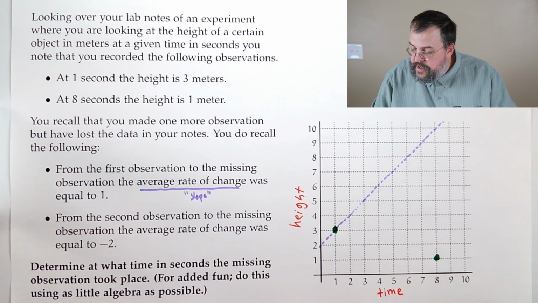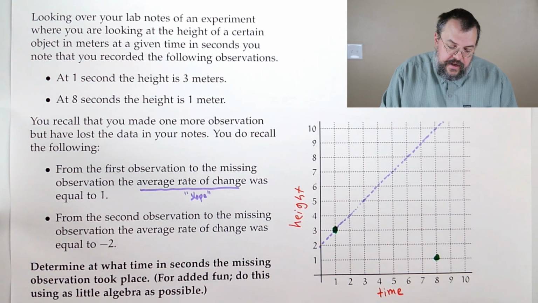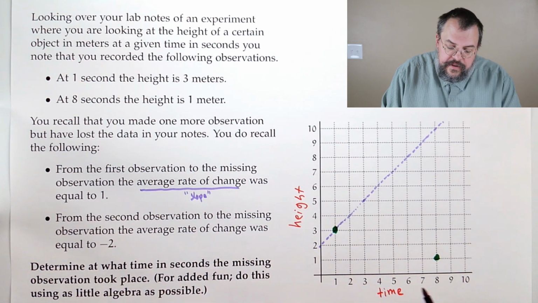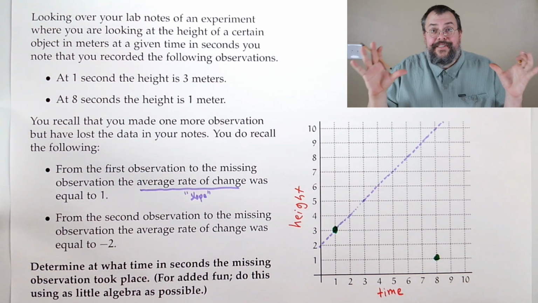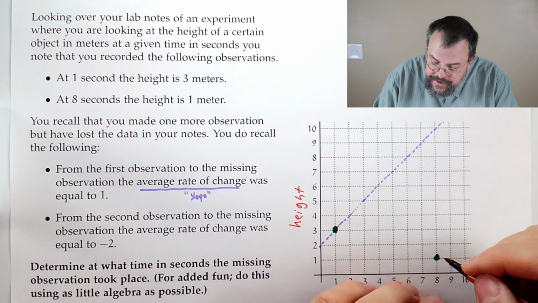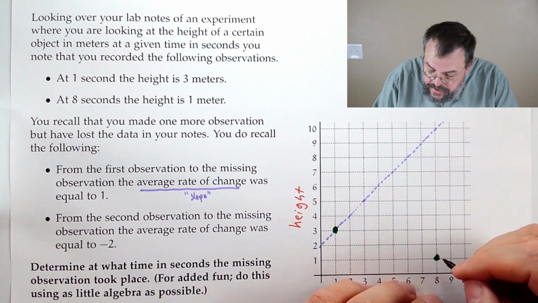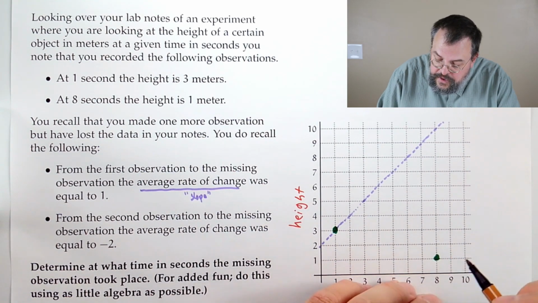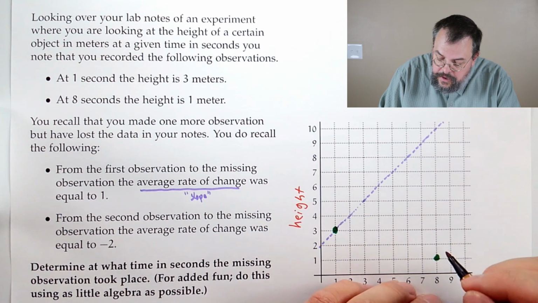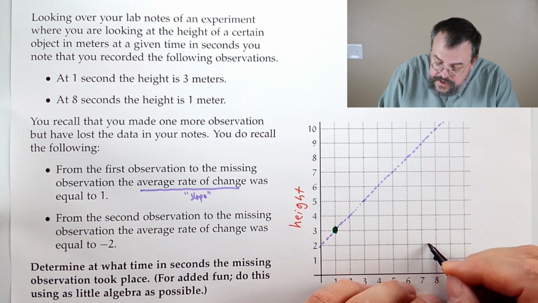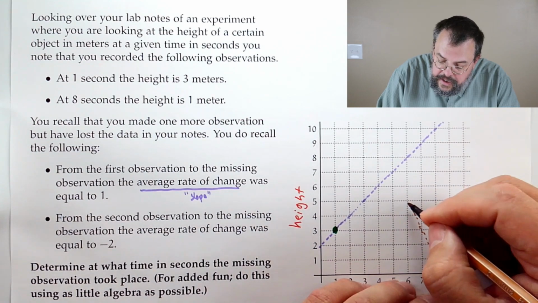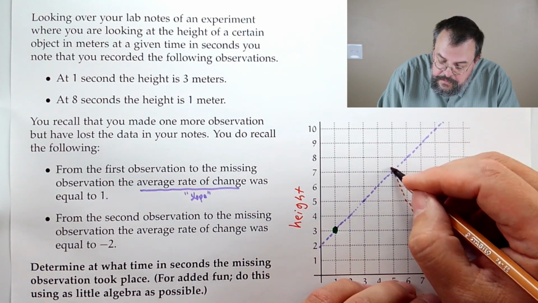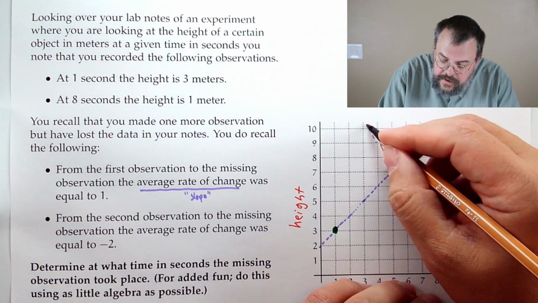But remember, we have something similar going on here. From the second observation to the missing observation, our average rate of change was -2. Again, let's think slope. So I'm going to come to my second observation and do a slope of -2. So that's going downhill, which if you were to run backwards, means you're going up. Okay, so here I am running backwards, and I'm just going to do that here.